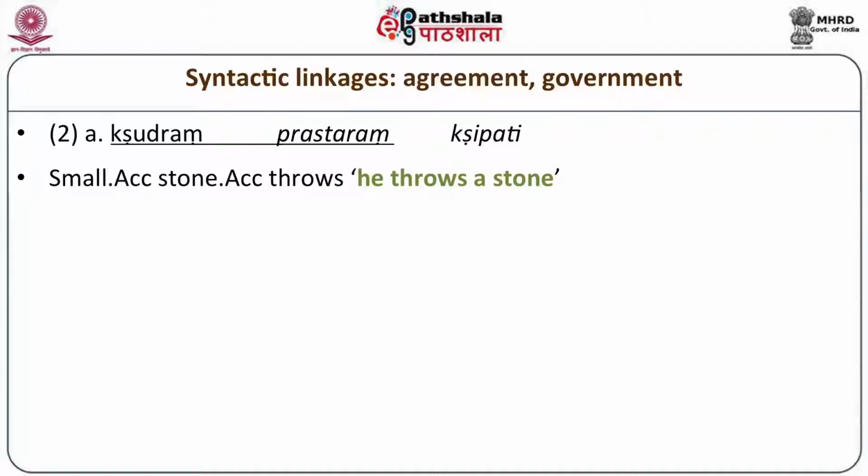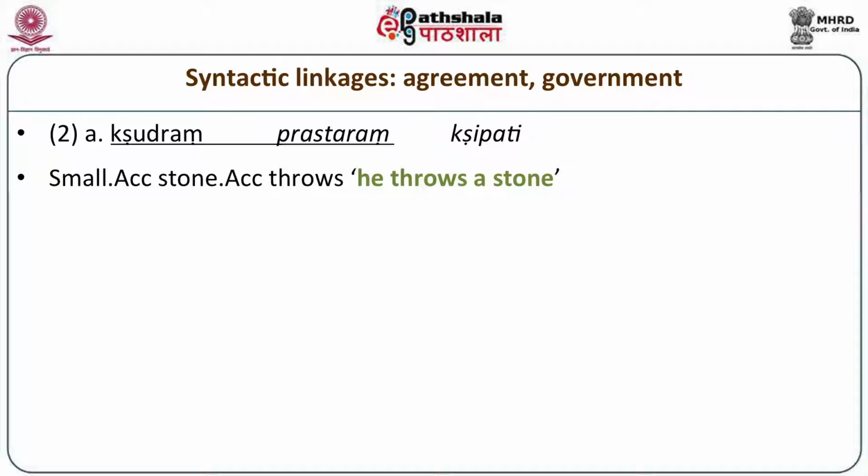Any highly inflected language is a good place to look in order to understand what work inflection does in syntax. I'll show you 3 examples from Sanskrit. He throws a small stone, actually, comes out as Kshudram Prastaram Kshipati. Kshudra is small, Prastara is stone, and Kshipati is he throws.